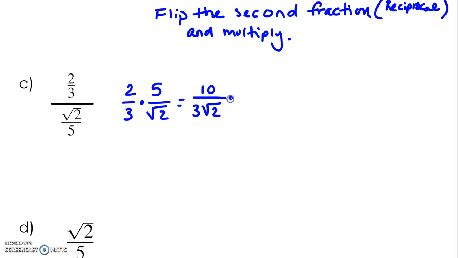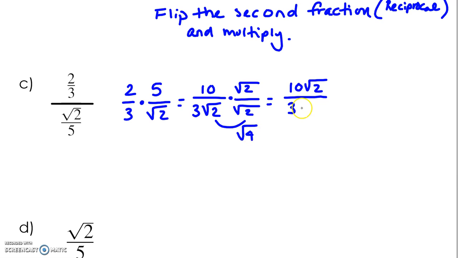So if I take the numerator and the denominator and multiply them by the square root of 2, and I go ahead and keep simplifying, I have this 3 on the outside, and I have square root of 2 times the square root of 2, which is the square root of 4, but that ends up just being 2.